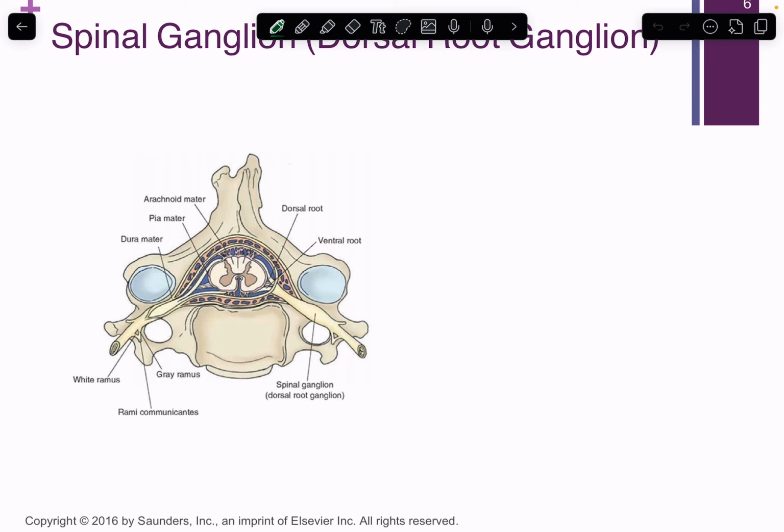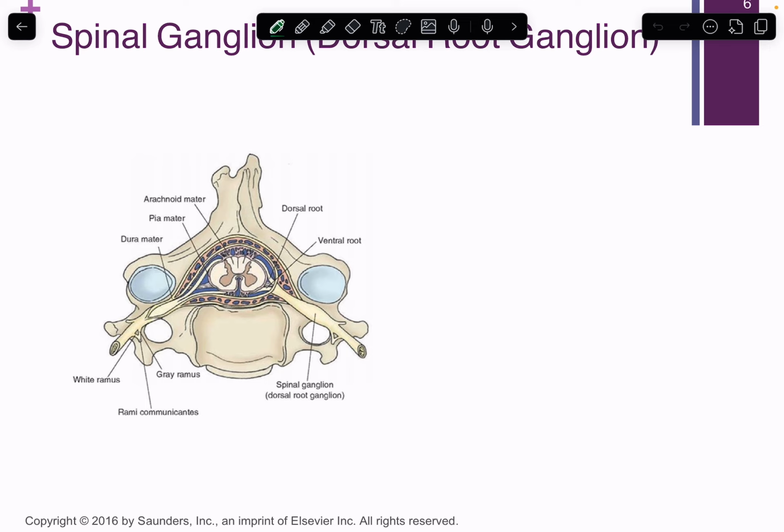So another meninges is the arachnoid. Okay, the arachnoid mater is a thin web-like membrane located just beneath the dura mater. It is named for its spider web-like appearance due to its delicate fibers. It is an additional protective barrier for the spinal cord. Between the arachnoid mater and the pia mater, we have the subarachnoid space, which is actually filled with the CSF.